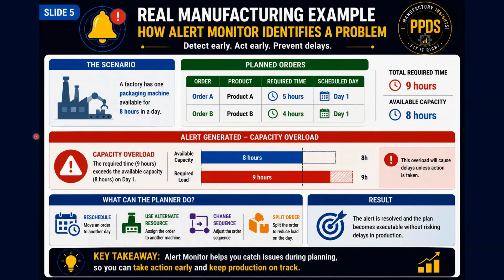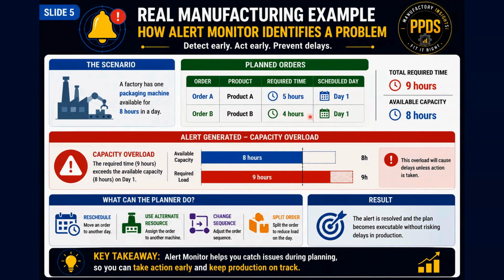Now let's see how Alert Monitor identifies a problem. In this example, a factory has one packaging machine available for 8 hours in a day. We have two orders. Order A requires 5 hours in a day, and order B, which produces product B, requires 4 hours in a day.